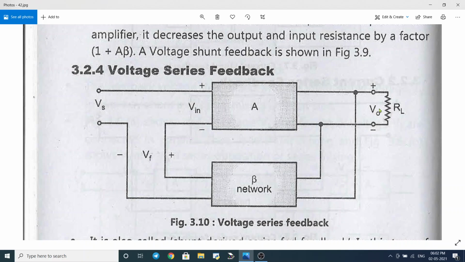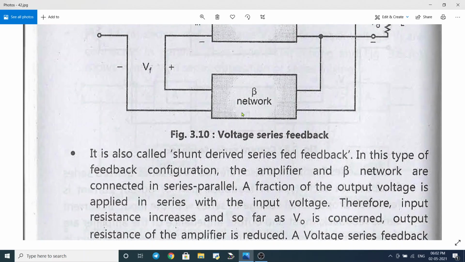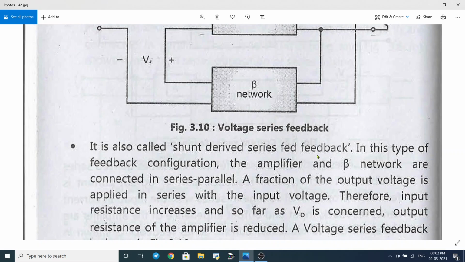So this is a shunt derived series feedback, and it decreases the output impedance. The input resistance increases and the output resistance is reduced, meaning decreases. So all these points we have discussed in this lecture. Thank you very much.